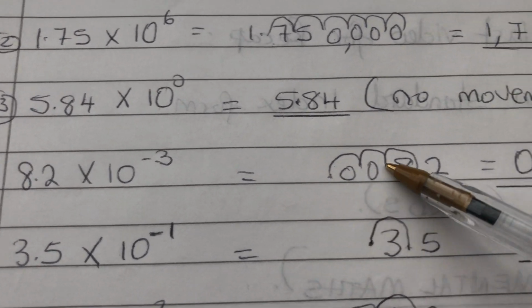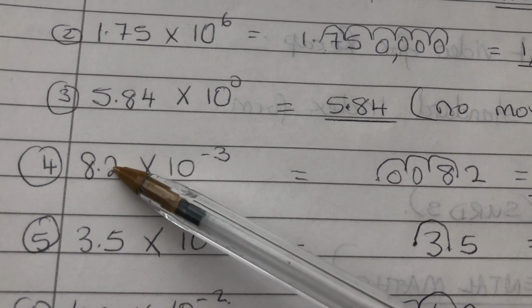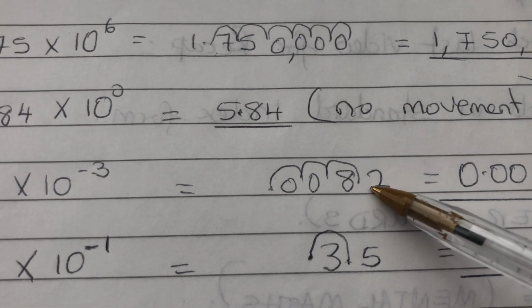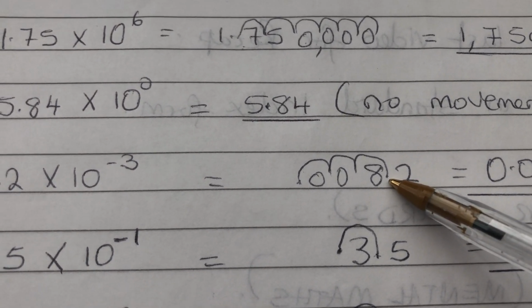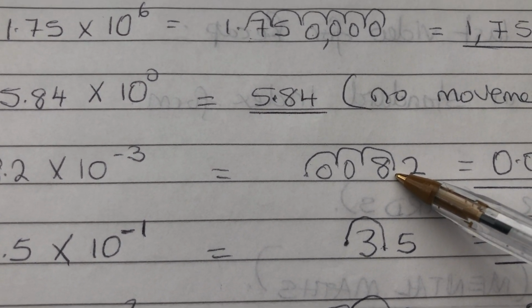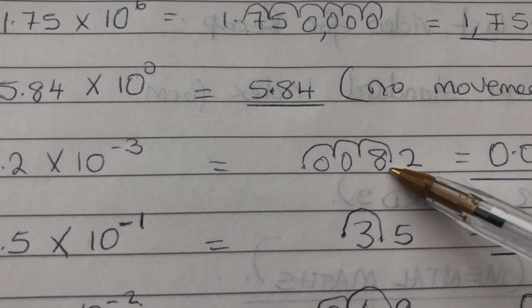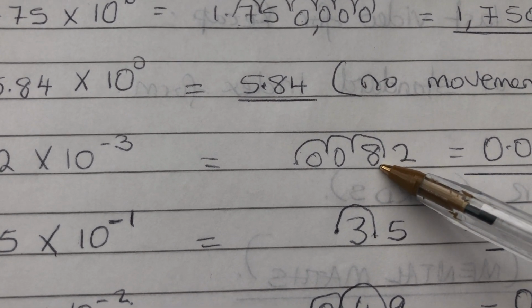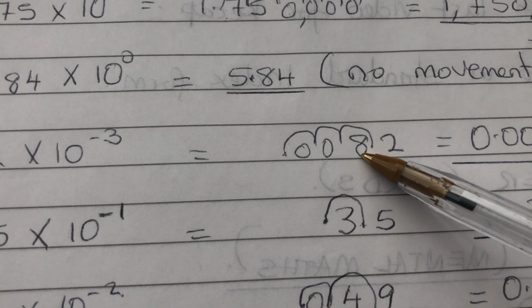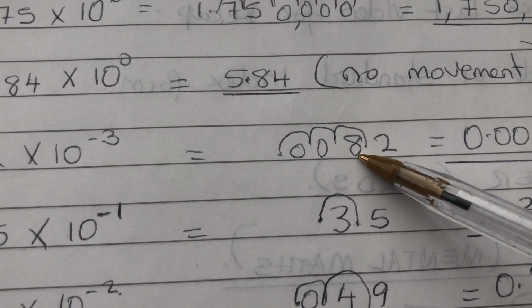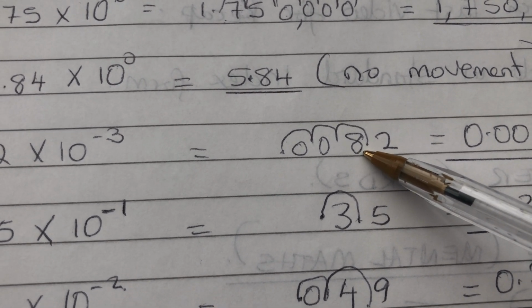Okay, 8.2, please, there's no 3. 8.2 times 10 to the power minus 3. The 3 is on the 10, the power of 10, and it's negative.